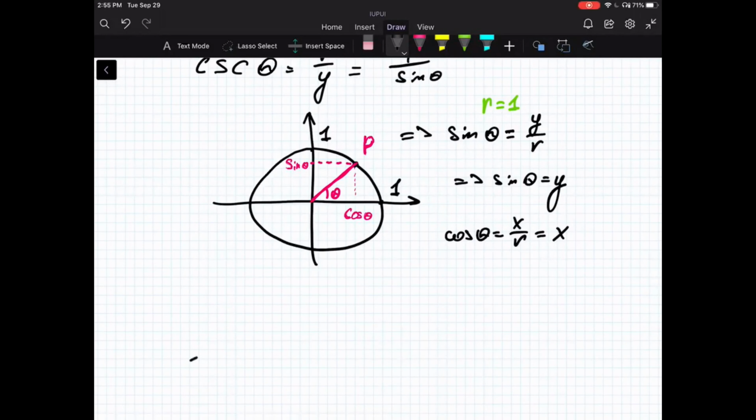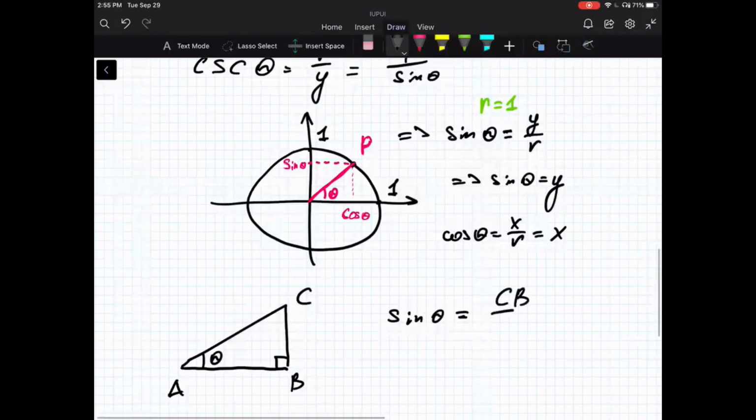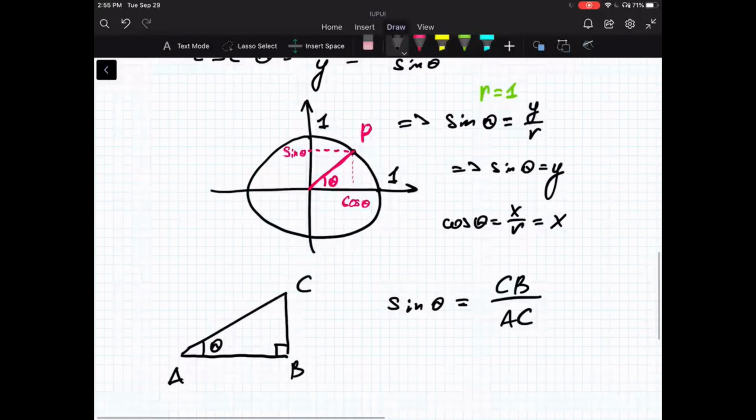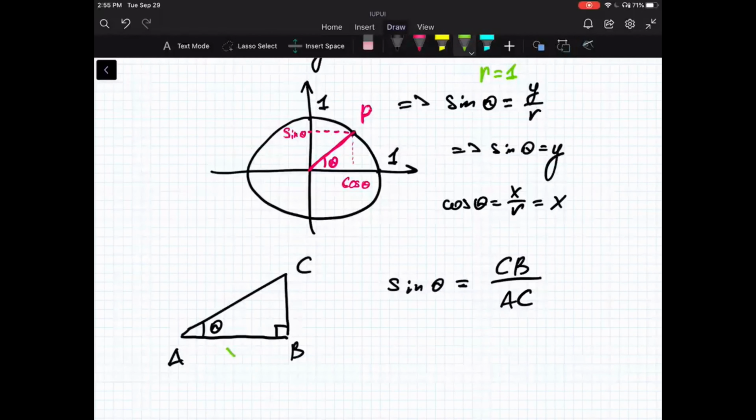Another way to define the trigonometric functions is to use right triangles. Suppose you have a right triangle ABC and some angle theta, and then you say that sine of theta is equal to CB over AC. Or if you denote these sides as x, y, and z, then it will be y over z.